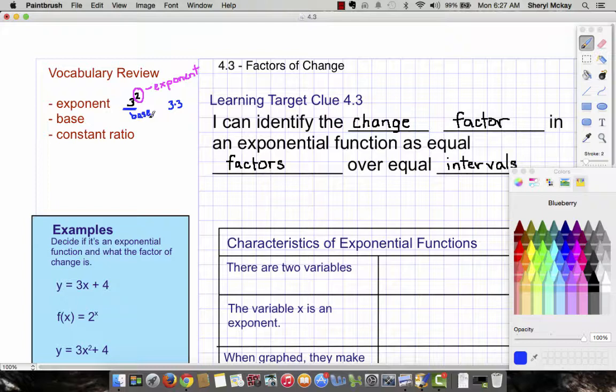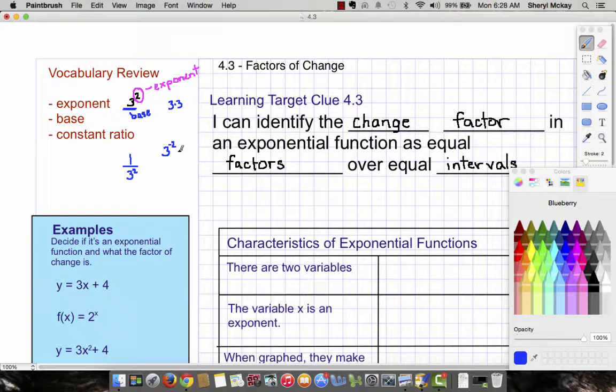It's important that you know that, and it's also important that you're comfortable with negative exponents. Let me show you what I mean. If I say 3 to the negative 2 power, what does that mean? Well, that really means 1 over 3 to the second power. Remember that a negative exponent does not mean that this becomes a negative number. It actually becomes a fraction.